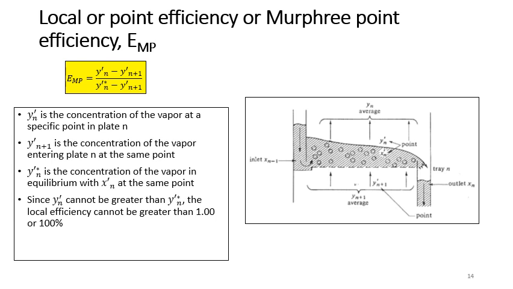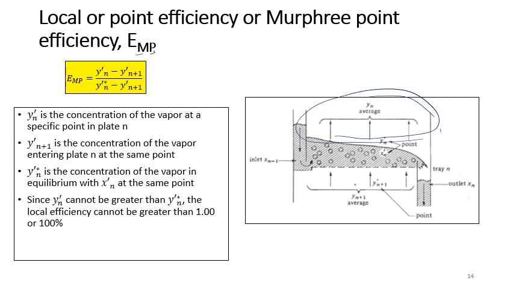Another type is the local or point efficiency, or Murphree point efficiency, E sub MP. Compared to the previous Murphree efficiency without the point, in this case it no longer assumes constant or uniform composition throughout the plate.